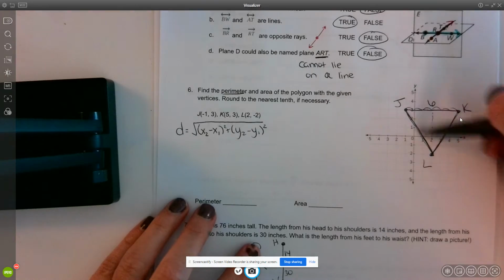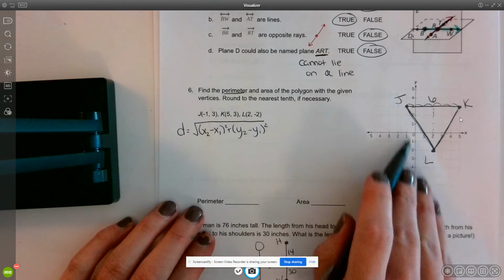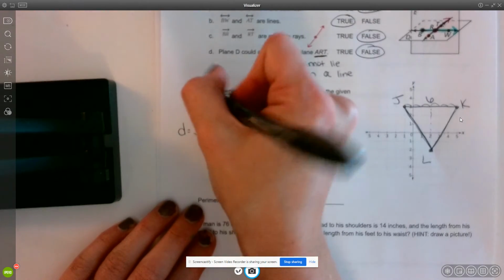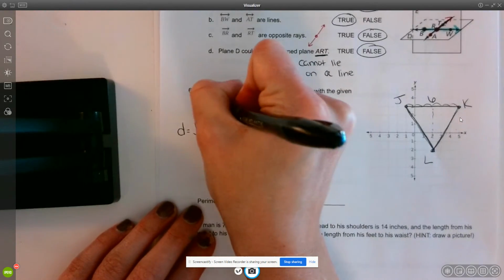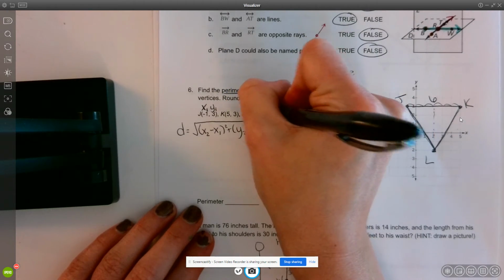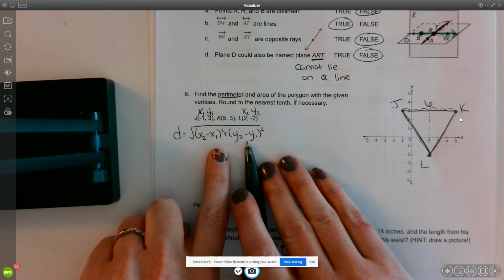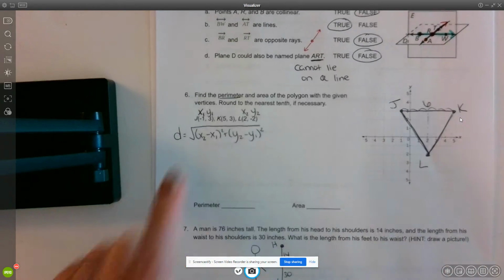So we're just going to find the length of JL to keep the video short. Since I'm finding the length of JL, I need to label points J and L with x1, y1, x2, y2. Make sure you're using the correct coordinates for finding your lengths.